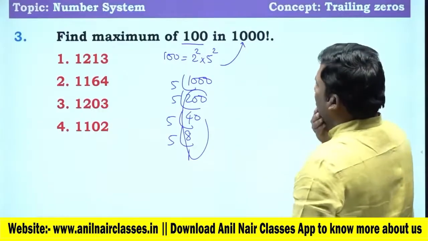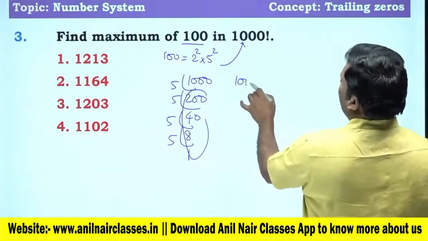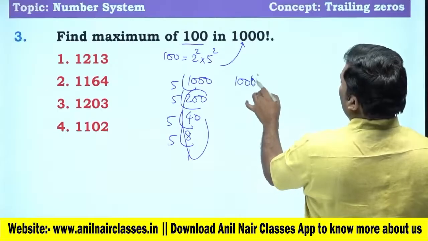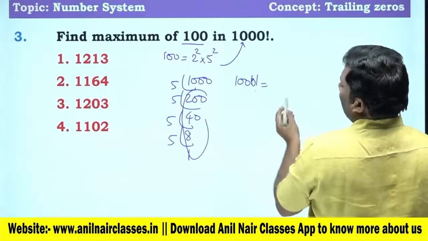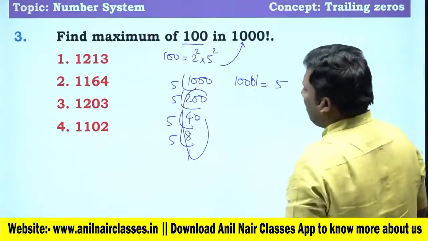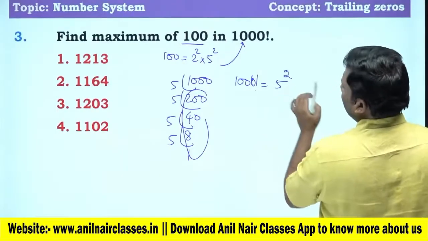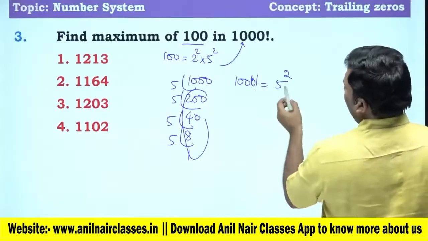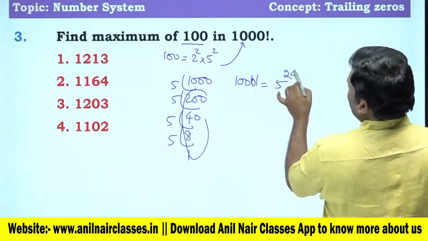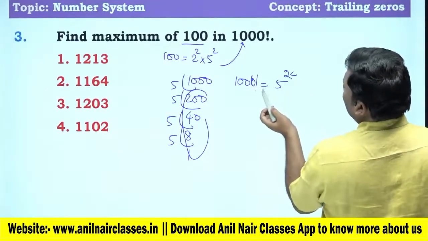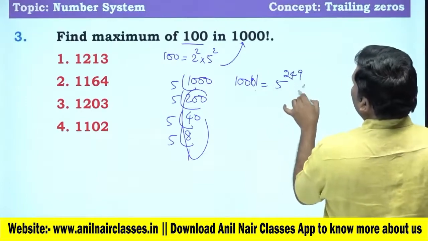100 is 4 into 25. So 1000 factorial can be written as 5 power how much? 248. 240, 248, 249.